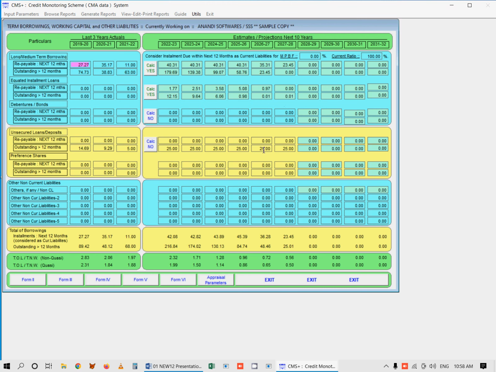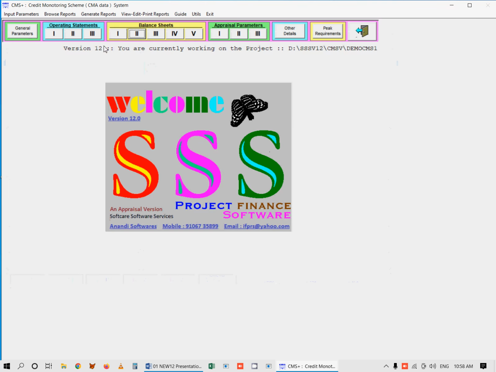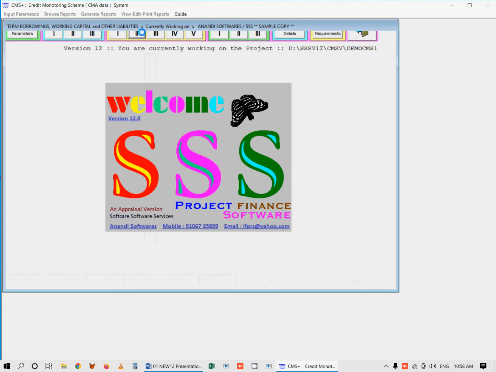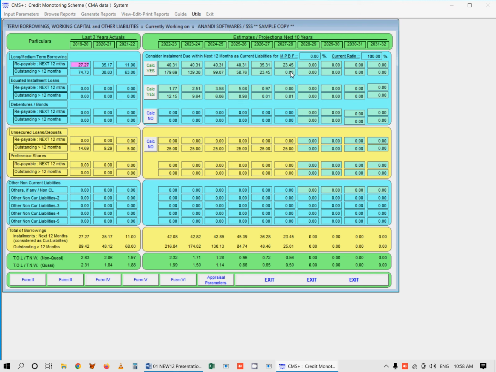A. Repayment due and payable within the next 12 months as a part of current liabilities. B. Repayment due and payable beyond the next 12 months as term liabilities. Or else, you have the complete flexibility of giving your specified amount for each under non-calculate mode.